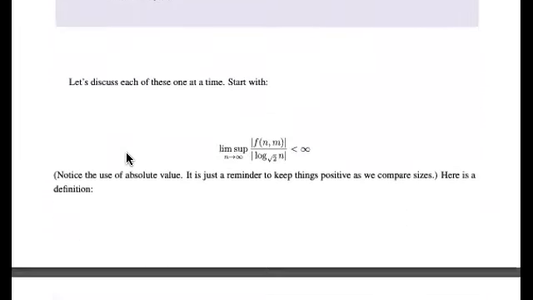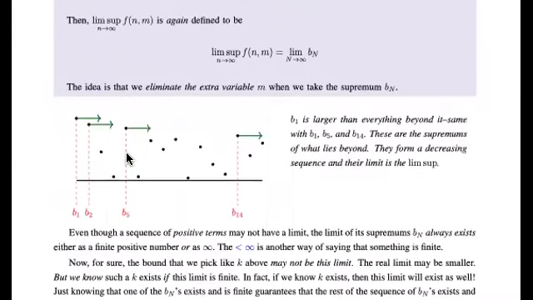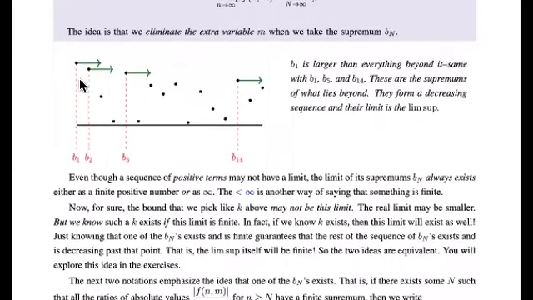Let's look at some pictures related to that right here. So what if we're at this point? The supremum, which means the least upper bound, would be at this place right here, where this point is, and maybe it's bigger than everything that comes after. But if we move to the next one, maybe this point is bigger than everything that comes after, so that's the new supremum.